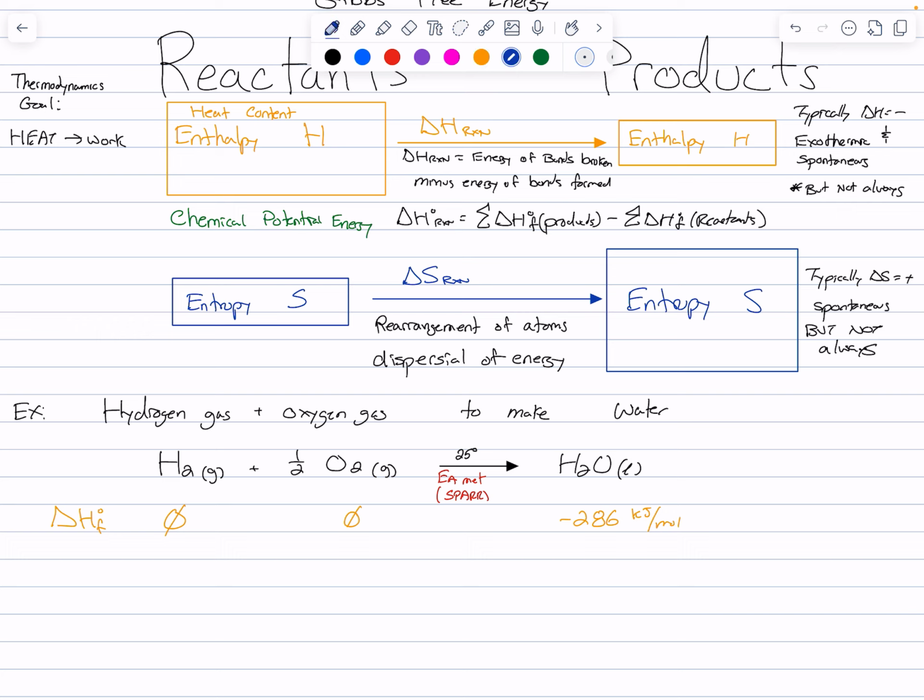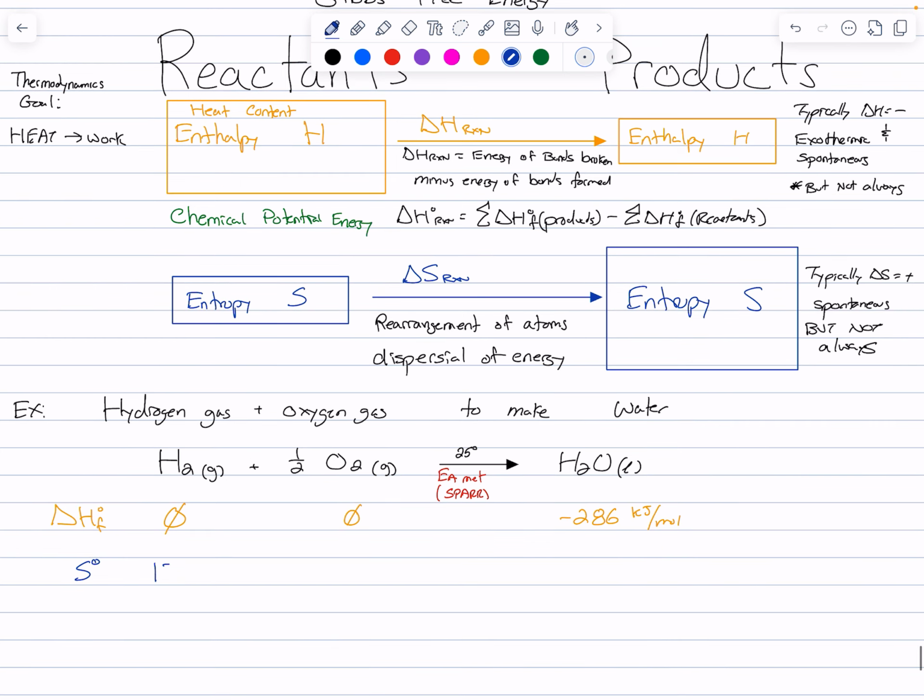For the entropies, you get 130.7 joules per mole K for H2, half of 205.2 joules per mole K for O2, and 70 joules per mole K for H2O.